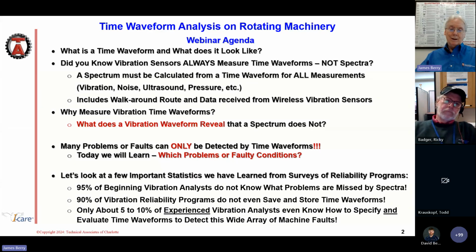Whoa. And get this, only approximately 5 to 10% of experienced vibration analysts even know how to specify time waveforms themselves, the measurement setups, and so forth, and how to detect a wide array of machine faults by evaluating the time waveforms.